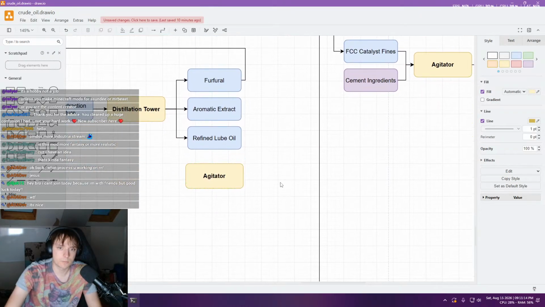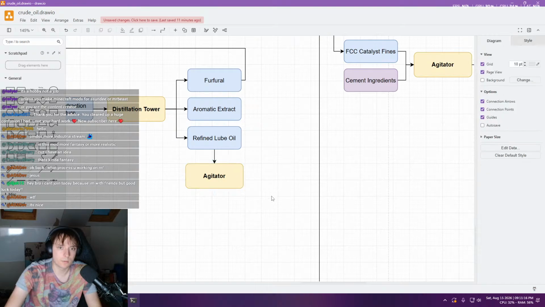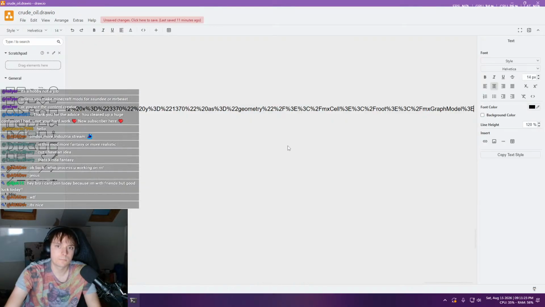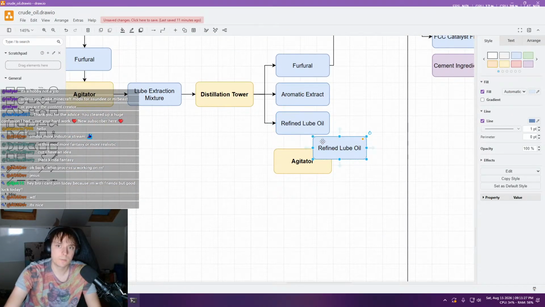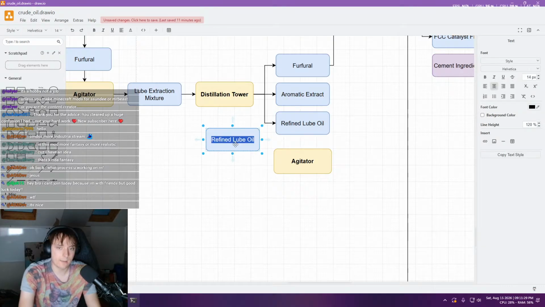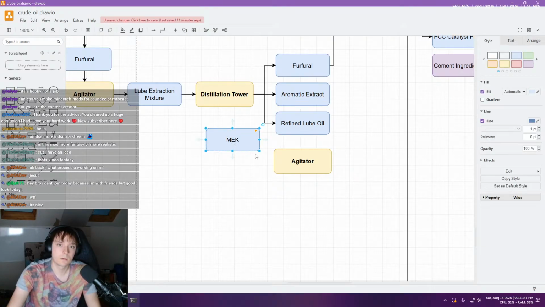So that's what that's going to be there, and that's going to be combined with whatever mech is.